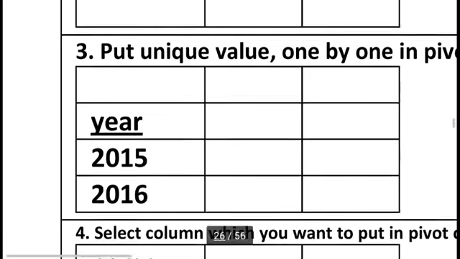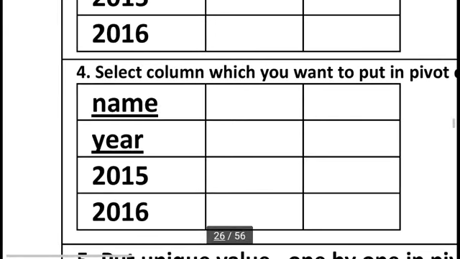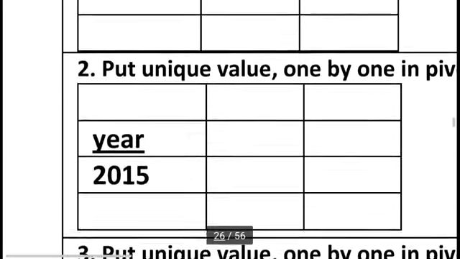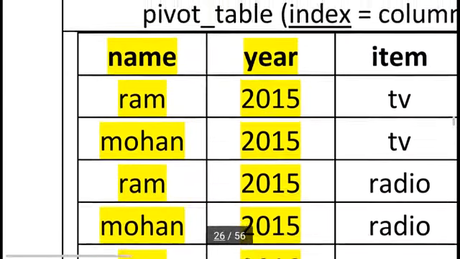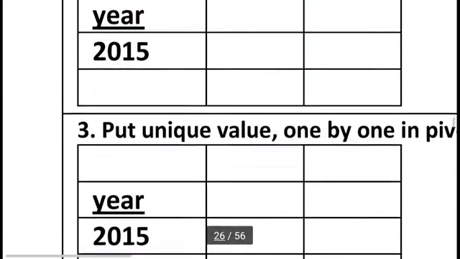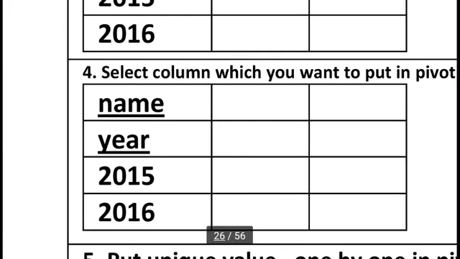The next thing is to select which column I want to put in the pivot column. Here I select the name column. You can see in the name column there are only two names, Ram and Mohan. So the name column I want to put in the pivot column.